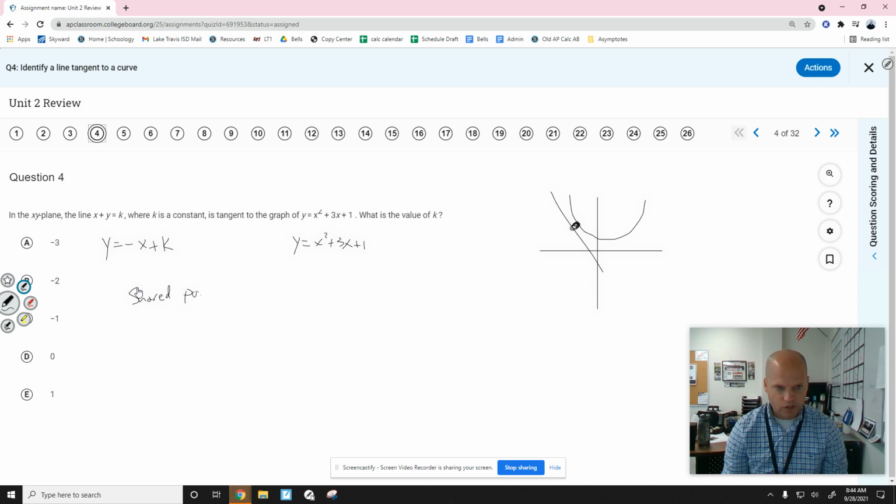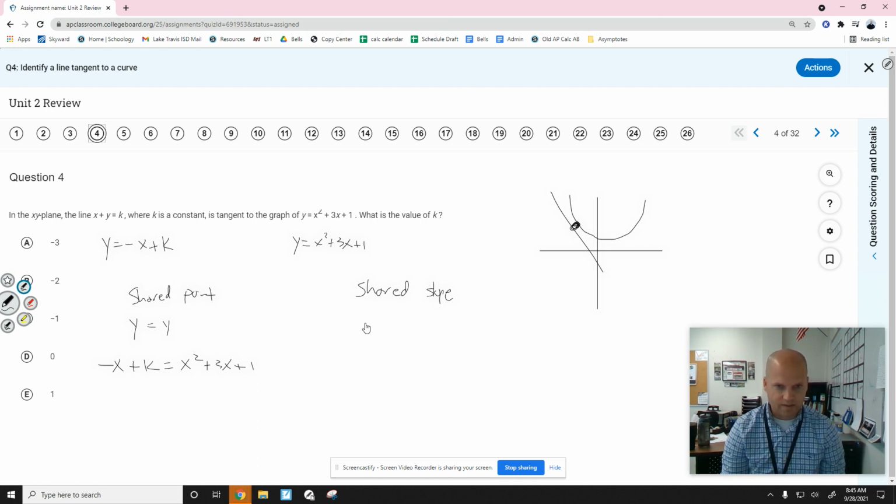The fact that there's a shared point, so the y's will equal each other, which gives me this equation. And the other thing that they share is a slope. This is similar to finding a tangent line parallel to some other line. You ask, what's the slope of my line? That's the slope of the tangent I'm looking for.